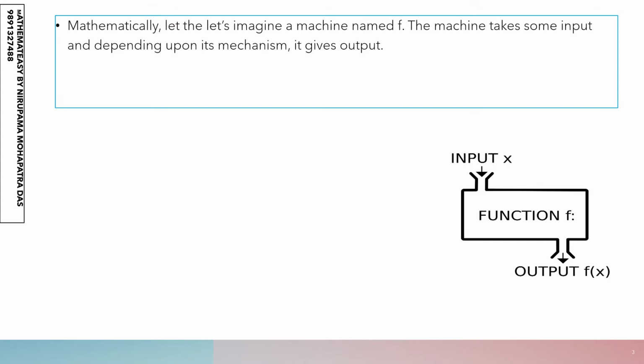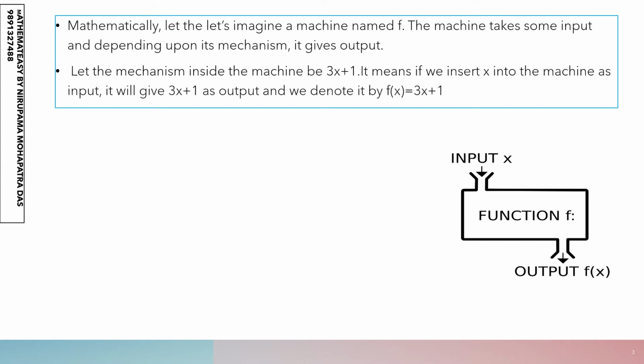Continuing with our same example, let us link the same example in a slightly different way mathematically. Let's imagine a machine and name it F. The machine takes some input and, depending upon the mechanism, it gives the output.